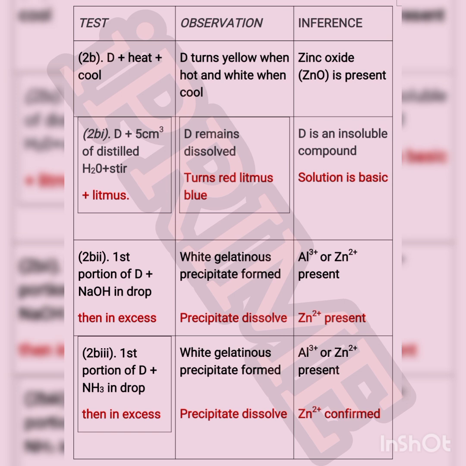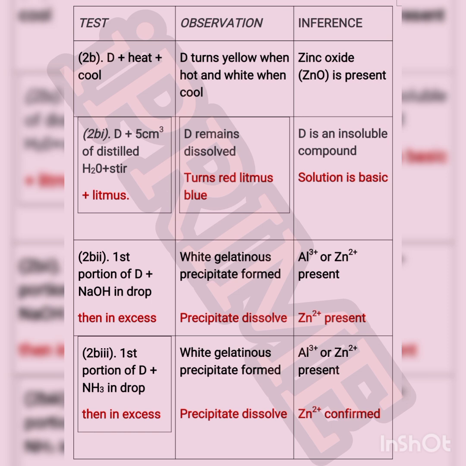Then on adding sodium hydroxide in excess, don't forget I said in excess we want to see if the precipitate will dissolve or not. So in excess, the precipitate dissolves. Then that means aluminum ion or zinc ion, Zn2+, are present.